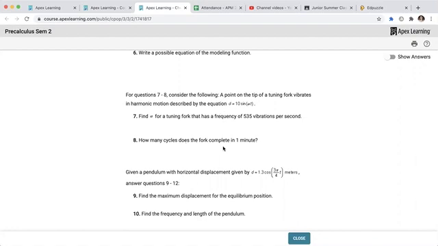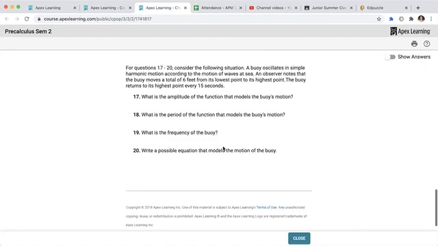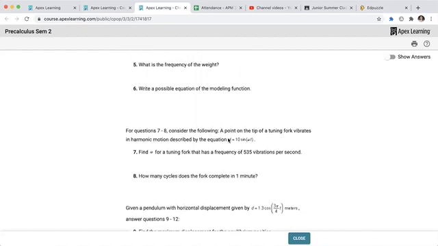And the last little tidbit I have for you is if you're given an equation like this, and you're just absolutely stuck on what to do, you can treat this d variable like a y. You can plug this into your calculator.